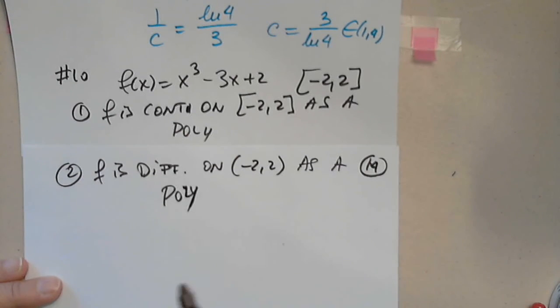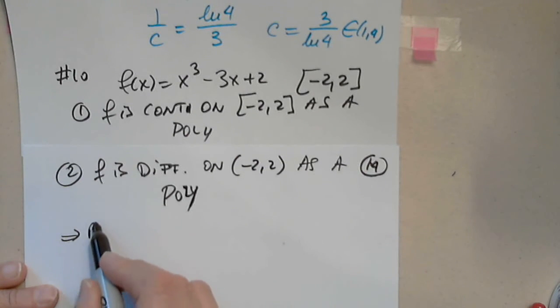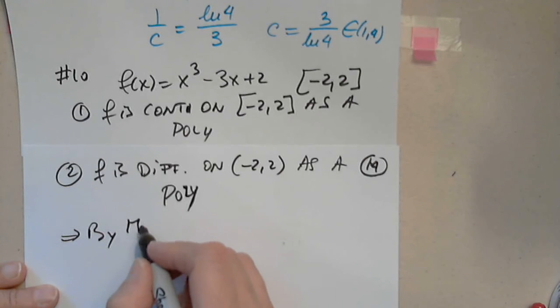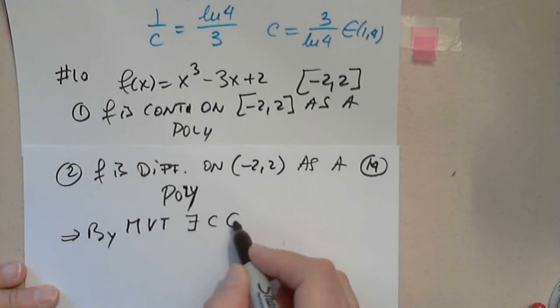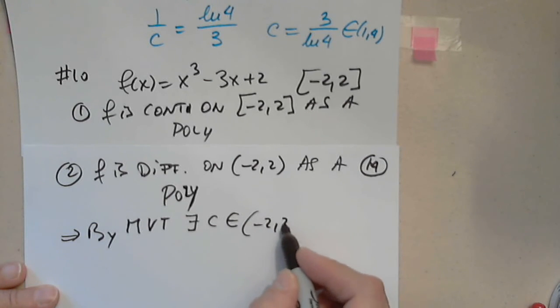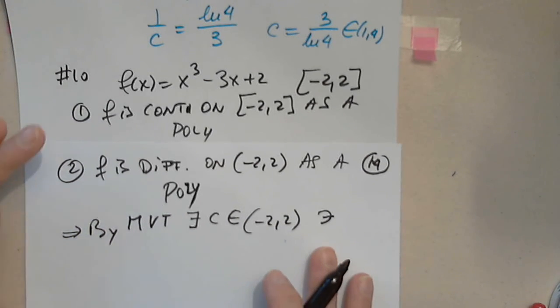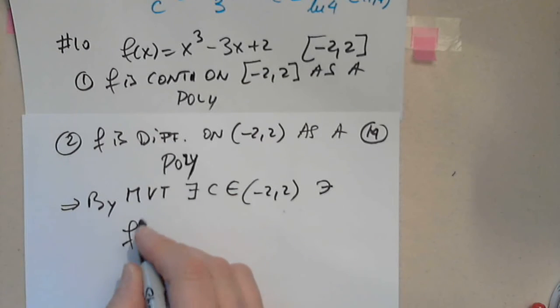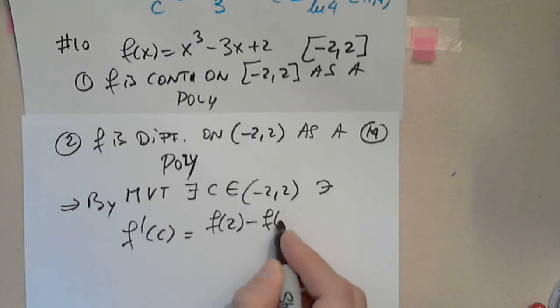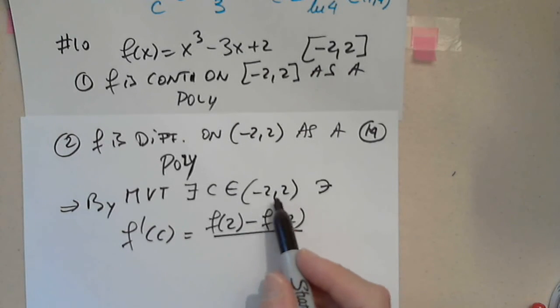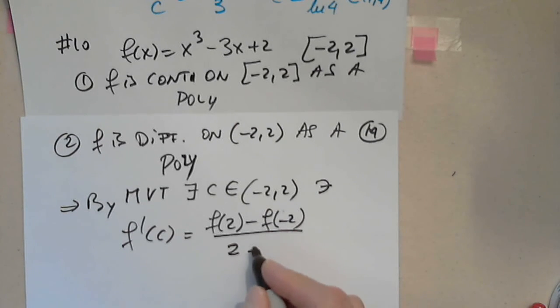Good. So therefore, by MVT, there exists a C, at least one, in the open interval -2, 2, such that f prime of C equals f of 2 minus f of -2 over 2 minus -2, which is 2 plus 2.